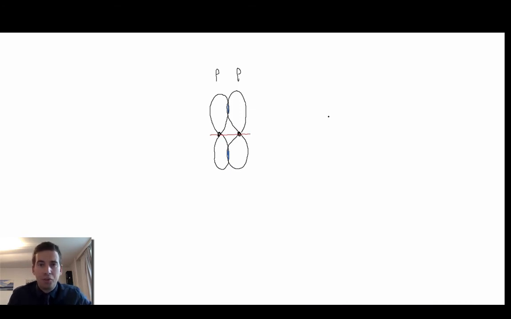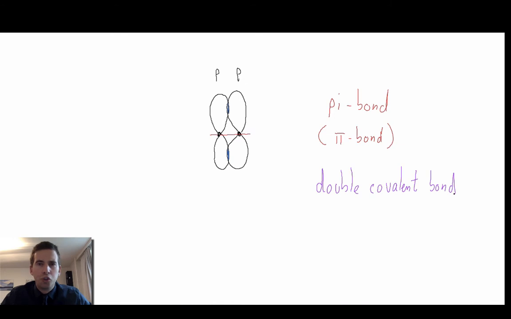Now this type of bond is what we call a pi bond, which again can be written as words or using the pi symbol, which I'm sure you've come across in maths. Now when we have a double bond, this is the second bond involved. So a double covalent bond is made up of one sigma bond and one pi bond.